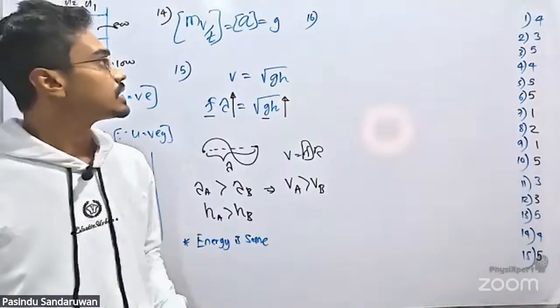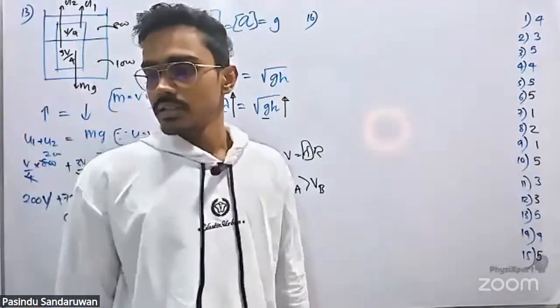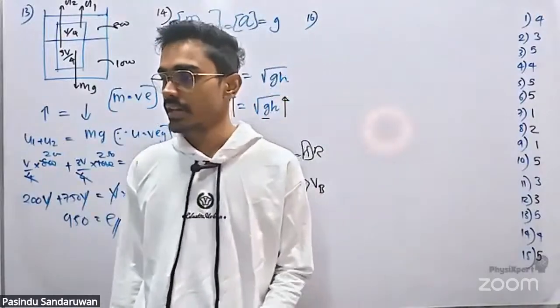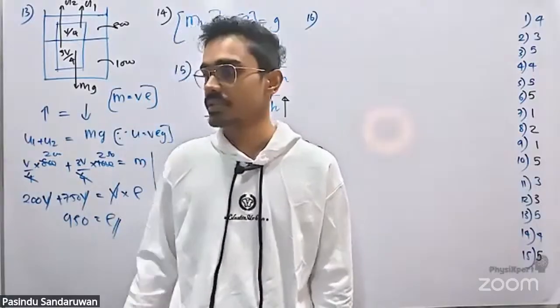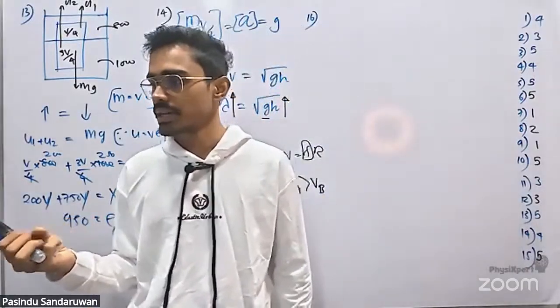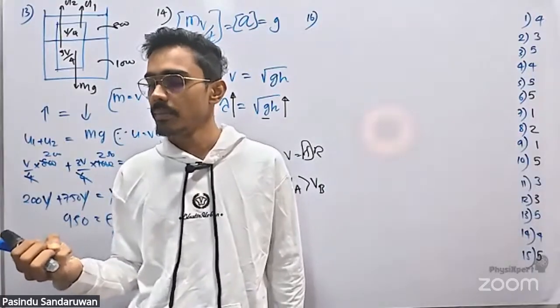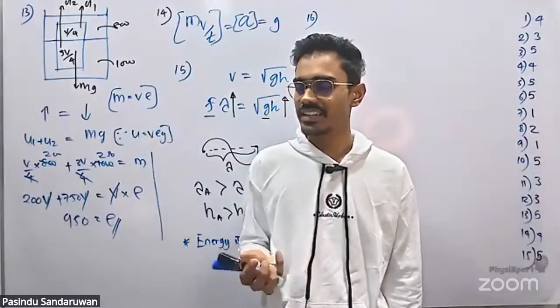Okay, then 16. The graph represents the variation of distance against the time of a particle in a simple harmonic motion. The ratio of the potential energy related to locations of particle would be doubled. There's a small typo again.